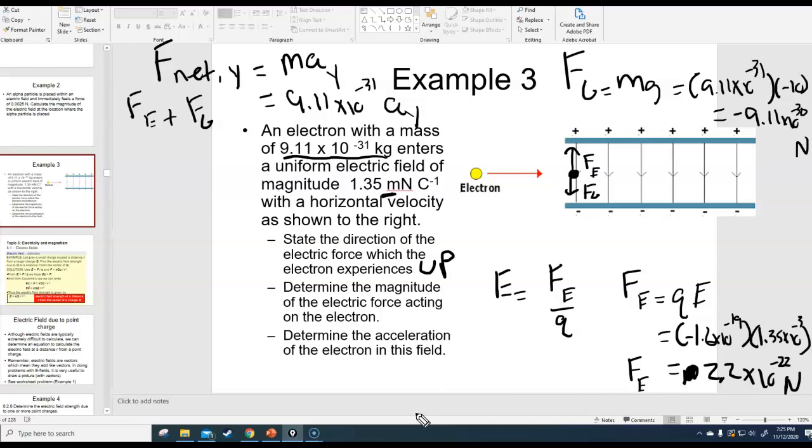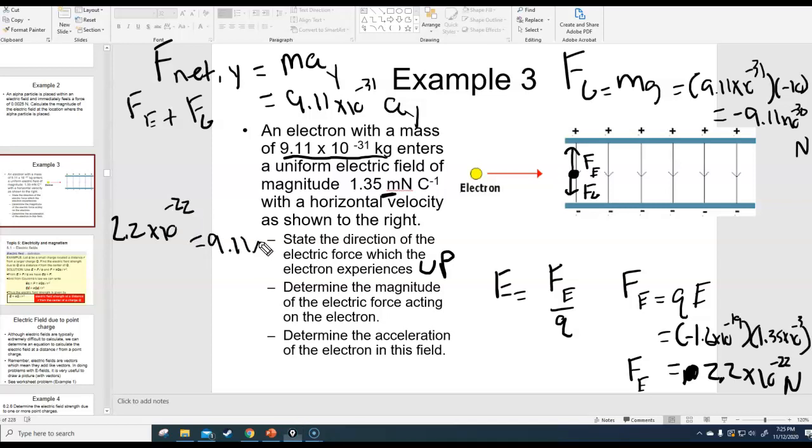Force of gravity doesn't even matter in this calculation. I might as well just leave it out because it's like 8 orders of magnitude smaller than the electric force. Okay, and so to find the acceleration, I don't really care about Fg. It does nothing for me in this calculation. Normally I would include it, but it's not going to change any of the answers here.